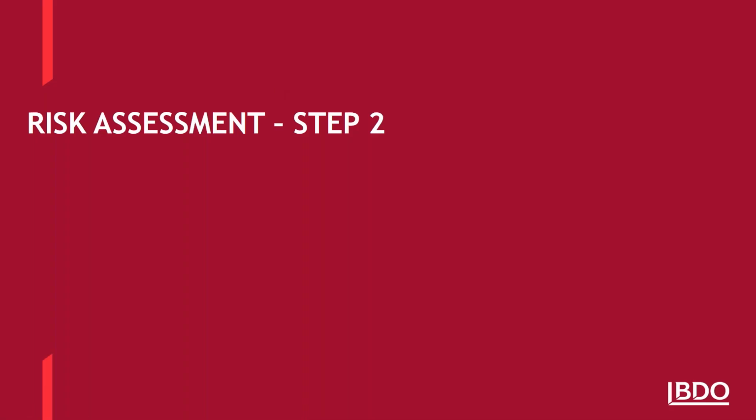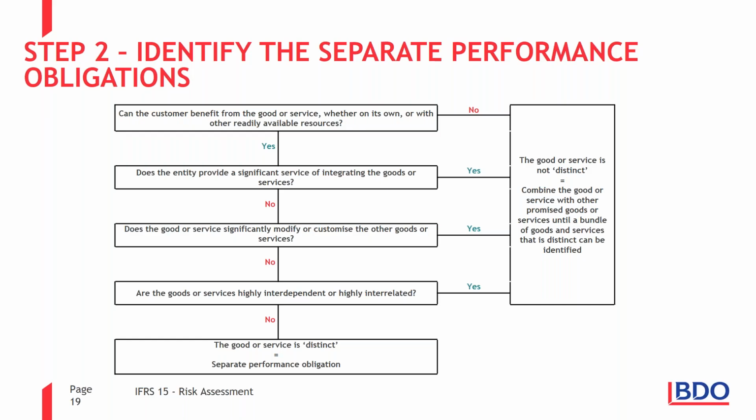If we go on to step 2, risk assessment, and first of all, as always, I'll give you a bit of background. So in step 2, we look at identifying the separate performance obligations. Now, I'll put up my hand, actually both hands, and say that step 2 is the one that I find hardest in practice, to identify the separate performance obligations.